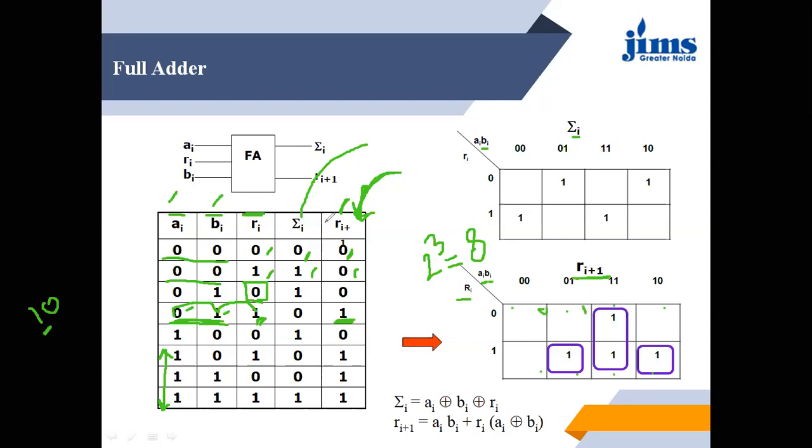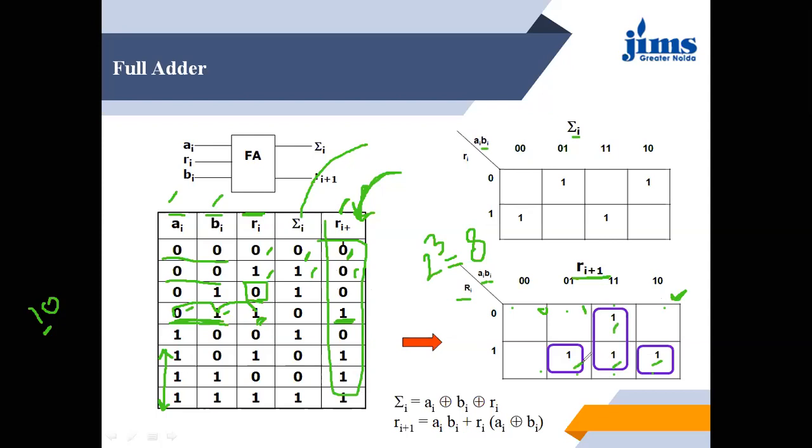So when we are putting these values in the corresponding K-map, then we are getting a 1 over here, 1 over here, 1 over here, and 1 over here by using the sum of product.